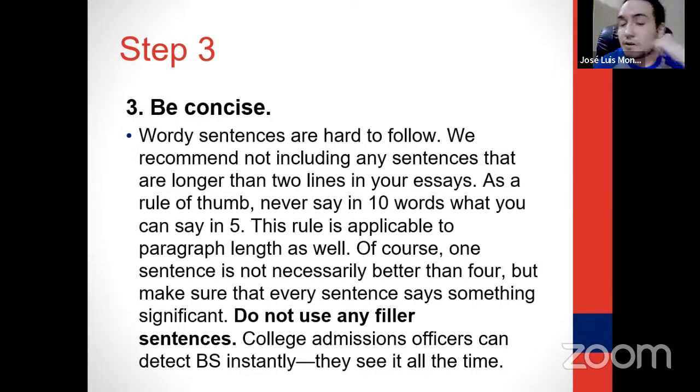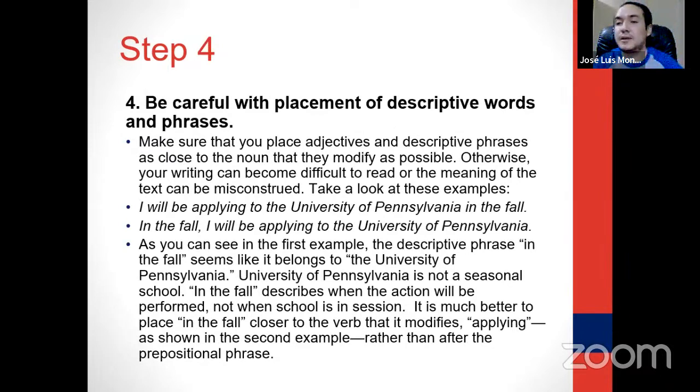The idea is going to escape, and the reader might misinterpret that sentence. The main idea of what you're trying to say can be lost. So in order to avoid that situation, we have to be concise. That was number 3.